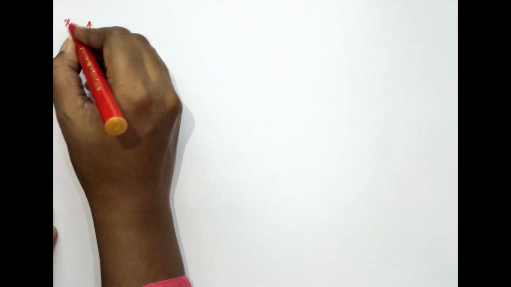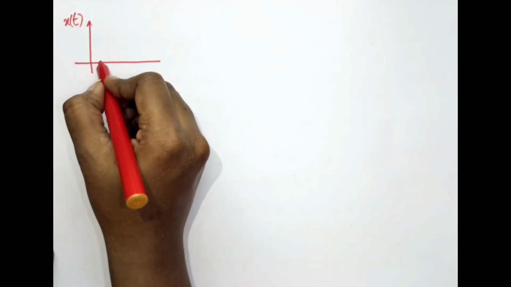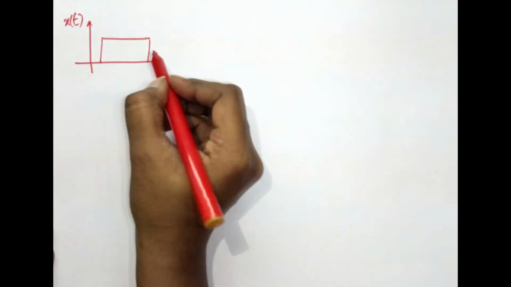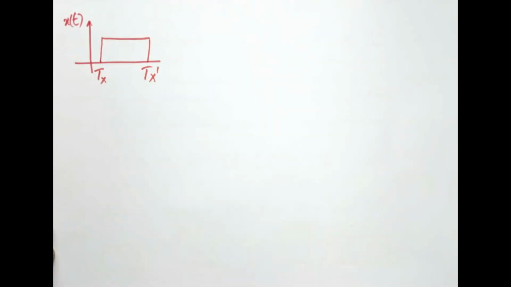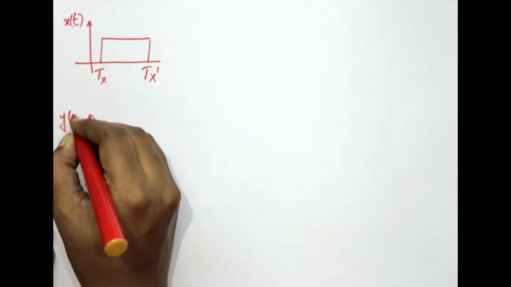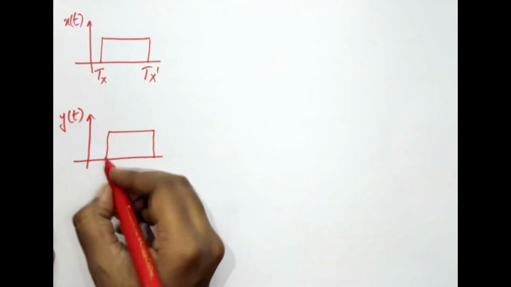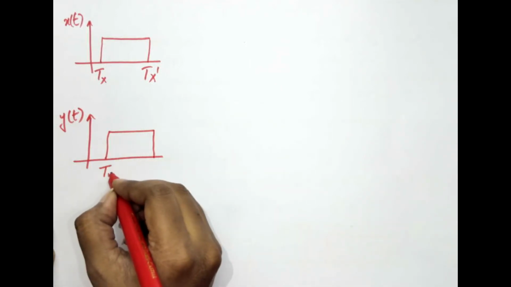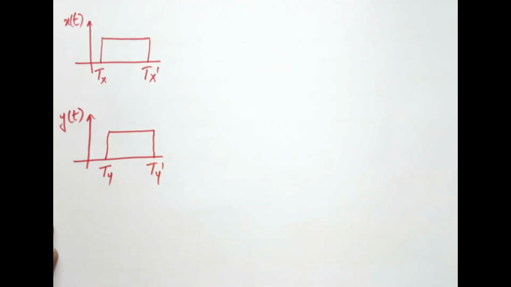Consider this to be the first function x of t, with bounds tx and tx dash, and then we have the function y of t, forgive my rough drawing, for the bounds ty and ty dash.